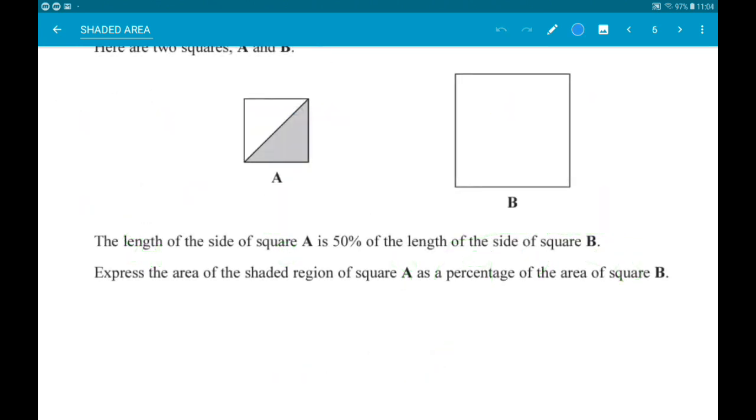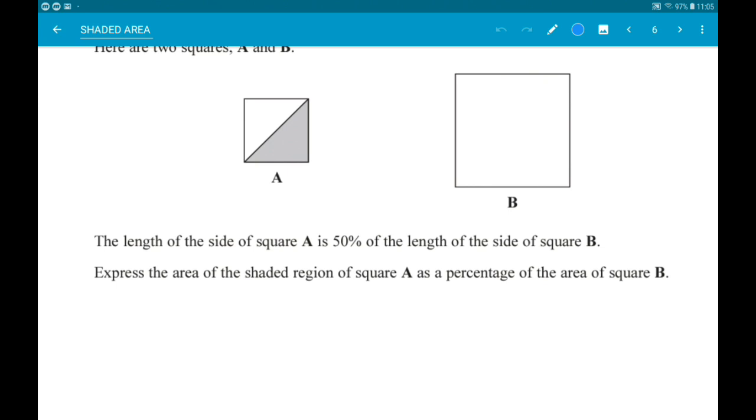Okay, next up, a bit of a strange one. So we have two squares A and B. The side length of A is 50% less than the side length of B. We want to express the shaded area of A as a percentage of the area of square B. Okay, so the first thing to do with a question like this is pick numbers that work with what we're given.